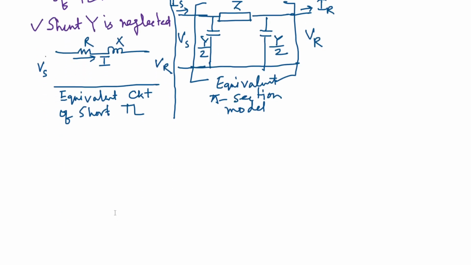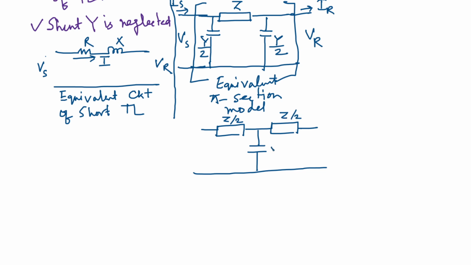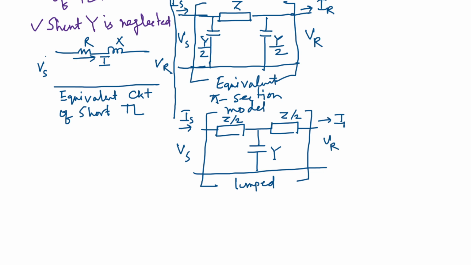Another way, another lumped parameter model can be considered in the case of a medium transmission line, which is like this. The series impedance is split into two parts, and the shunt admittance is considered in this way. This is Z by 2, this is Z by 2, this is Y. We have Vs and Is at the sending end, and Vr and Ir at the receiving end.